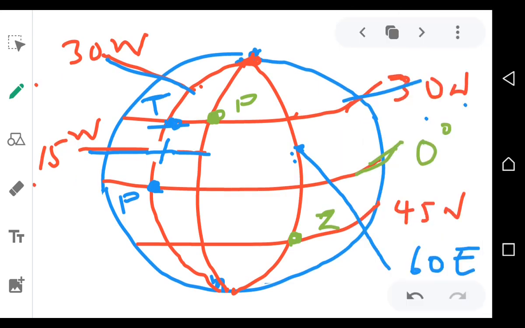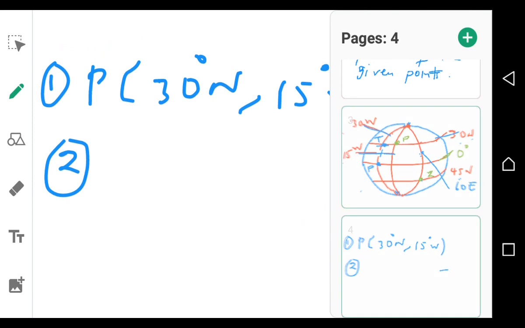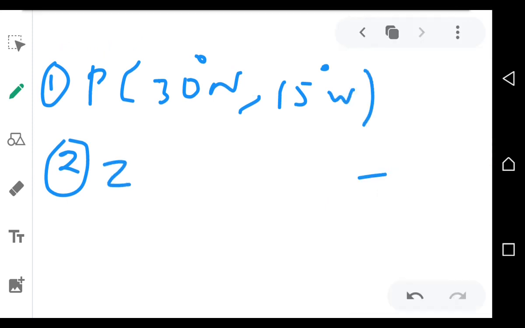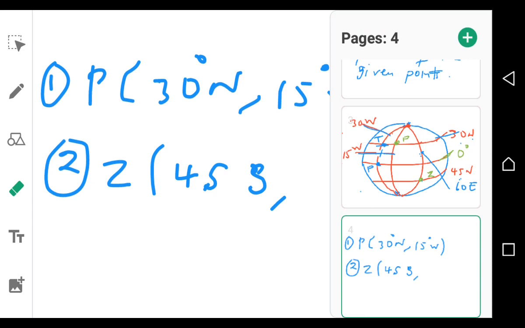Question 2. What's the position of Z? Along the x-axis, Z is here. This is point Z. Along the x-axis, Z is 45. You see, Z is lying on 45 south, comma, but on which y-axis is it lying?